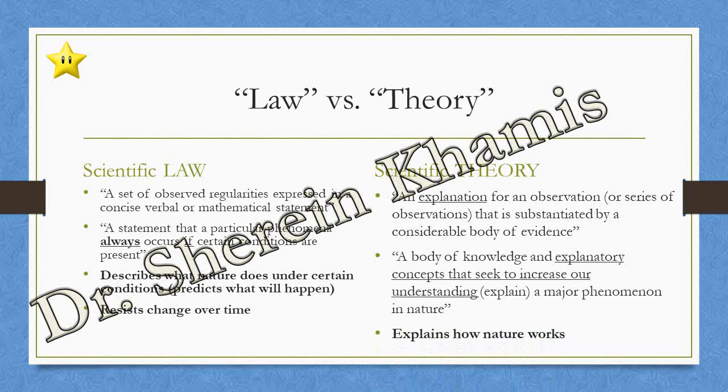Okay, the last one here, it explains how nature works. How nature works makes it subject to change over time. But if we have a law, it's not affected by changing time, from previous years or previous centuries until now.